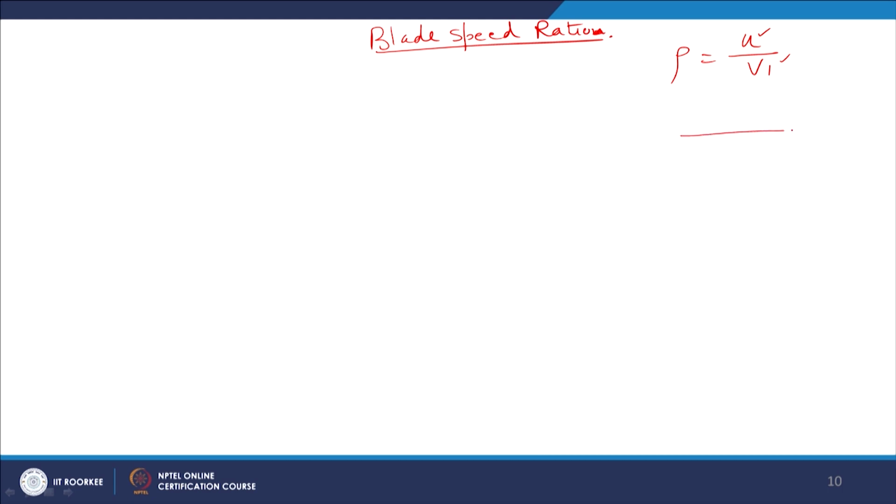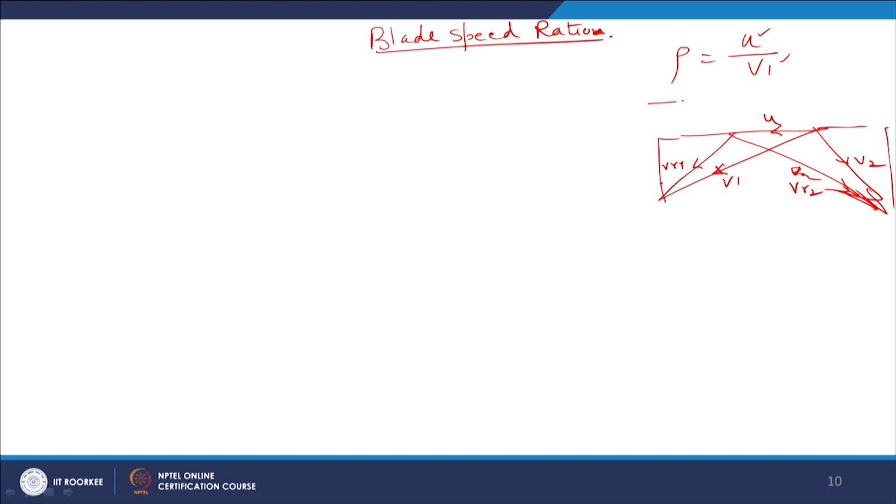If you look at the velocity diagram again, this is V1, VR1, V2, sorry, this is U, VR2, and this is V2, and this is VW, this is beta 1, beta 2, alpha 1 and alpha 2.